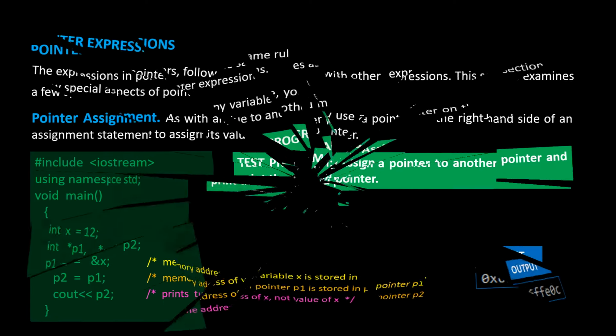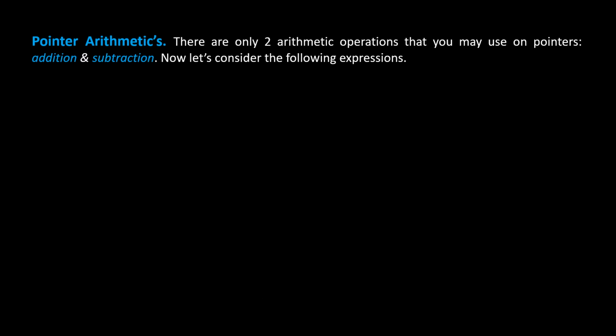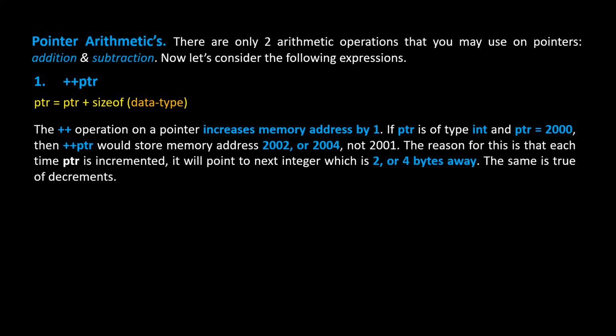Pointer arithmetics. There are only two arithmetic operations that you may use on pointers: addition and subtraction. Now let's consider the following expressions. Number 1. ++ptr. It means ptr equals ptr plus size of data type. The plus operation on a pointer increases memory address by 1.